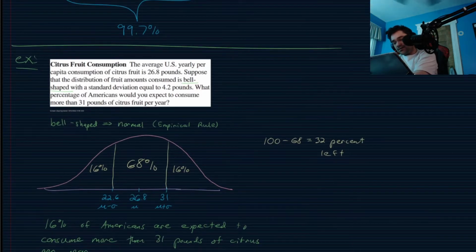And we looked at some examples. In this example, the mean was 26.8 and the standard deviation in this case was 4.2. We want to see what percentage of Americans would be expected to consume more than 31 pounds of citrus per year. Pretty tough question here.